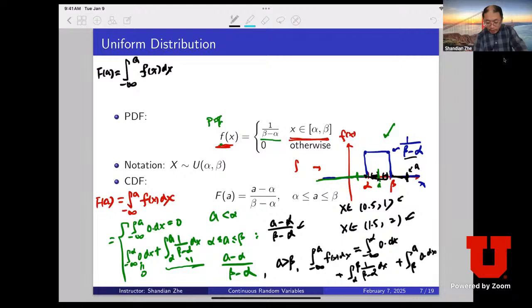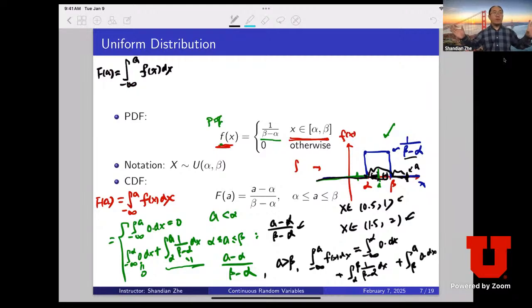One area is from minus infinity to alpha, second area is from alpha to beta, and third area is from beta to a, right? We can break this whole integration into the integration over 3 ranges.